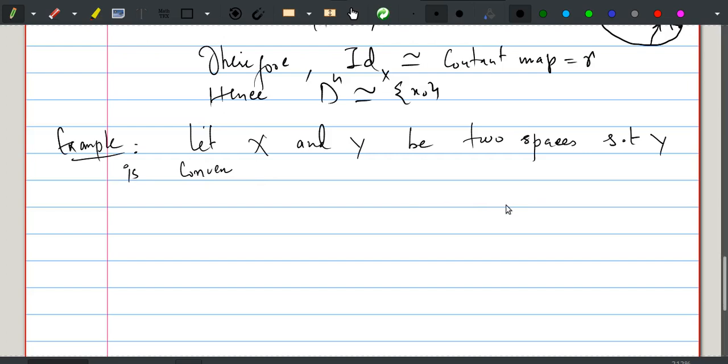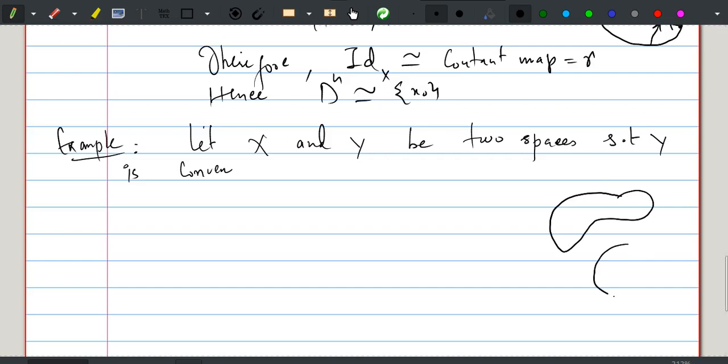Now by convex set I mean, let us consider this set over here. This is one set and this is the other set.